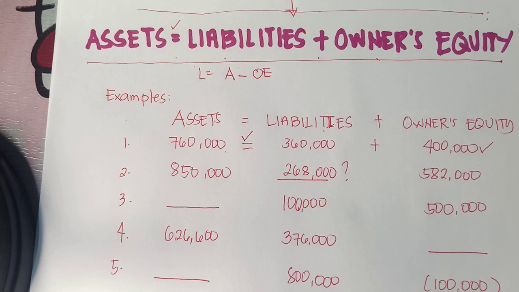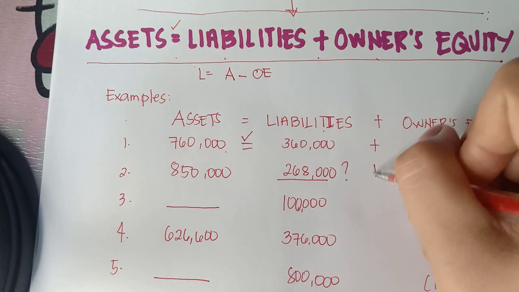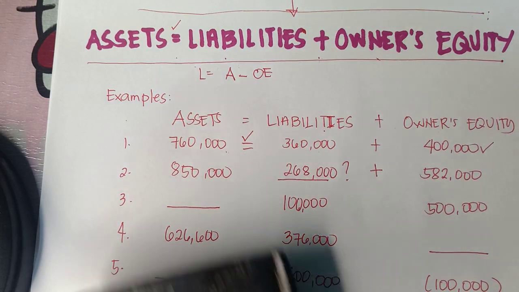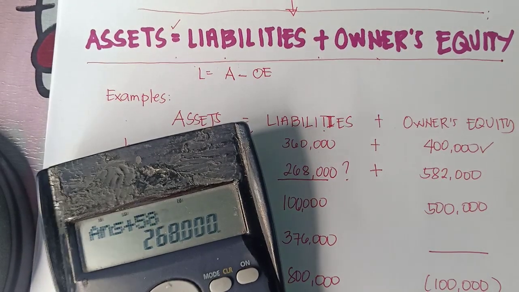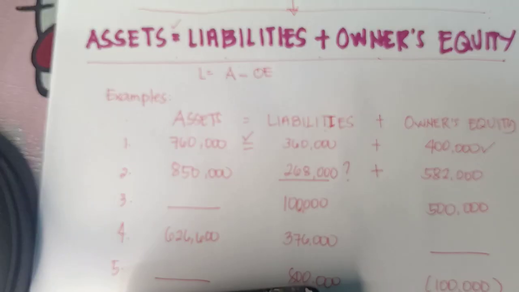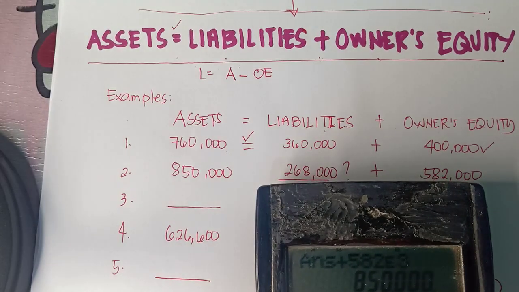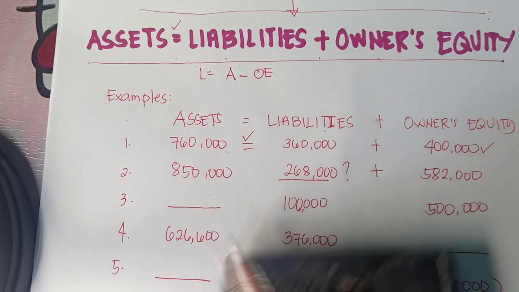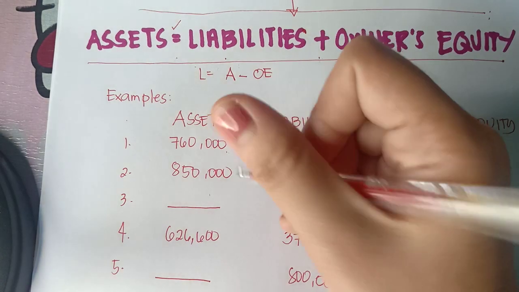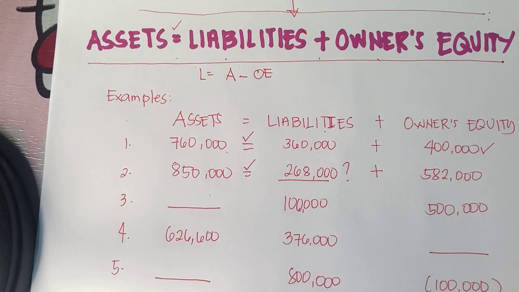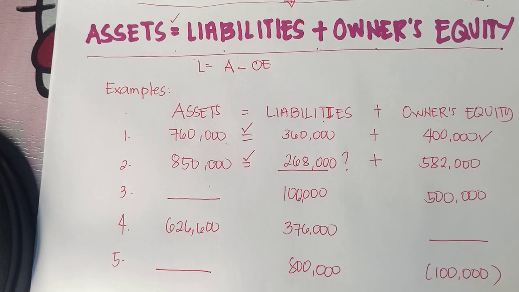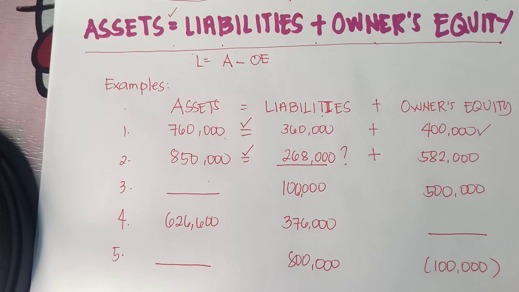Now, let's check if it is balanced. How do we check? 268,000 plus 582,000. So, the answer is 850,000. And 850,000 is balanced with the assets of 850,000. That is why number 2 is okay. The value of our liabilities is correct.